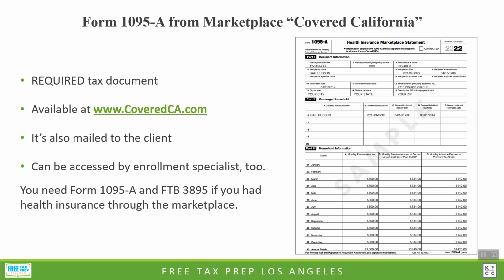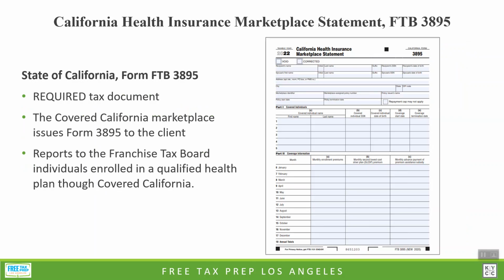You need to have the Form 1095A as well as the FTB 3895, which is the second form, if you had health insurance through the marketplace. So here's the corresponding form 3895. This is a required tax document for the state of California, whereas the 1095A is used for the federal tax return, this form, the 3895, is for the state return.